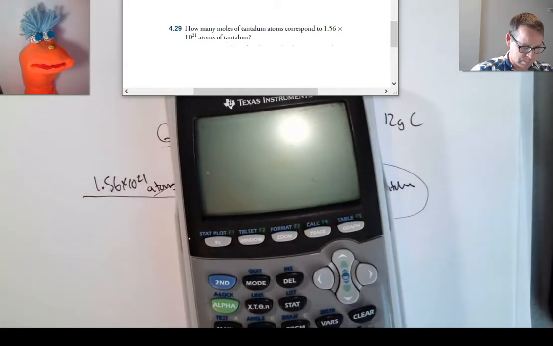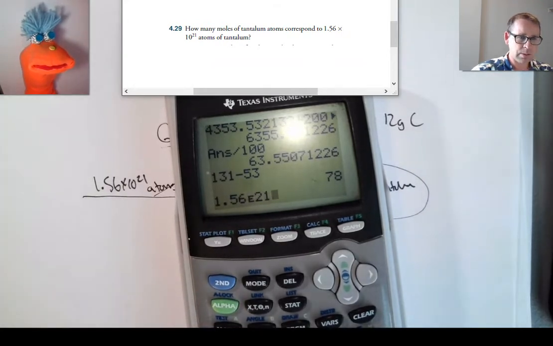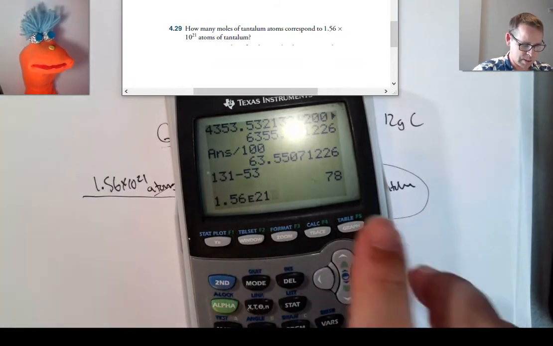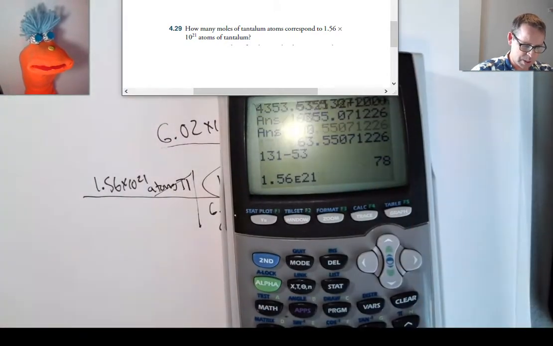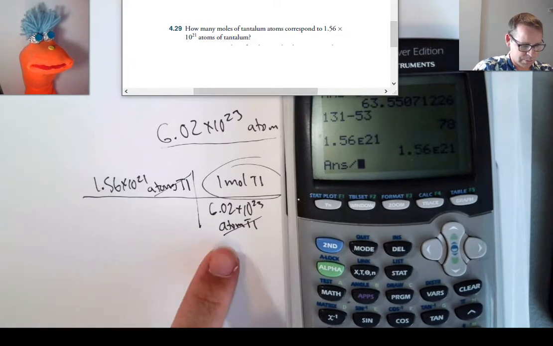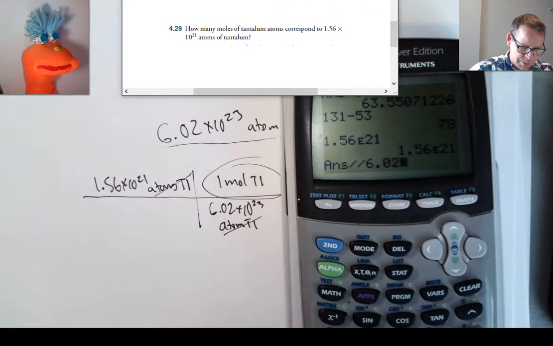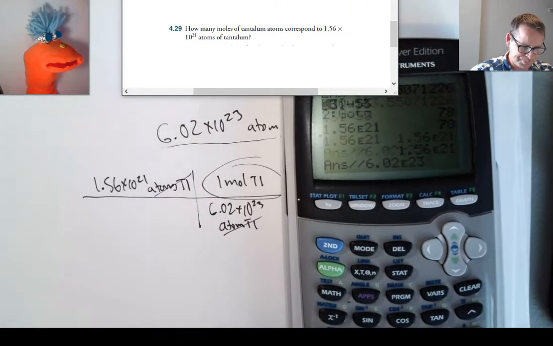Okay, so let's see if we can get that. 1.56 times 10 to the 21. All right, that's what it should look like in your calculator. And I like to push enter so that I give the calculator clear direction in terms of order of operation. And then we divide by 6.02 times 10 to the 23rd.